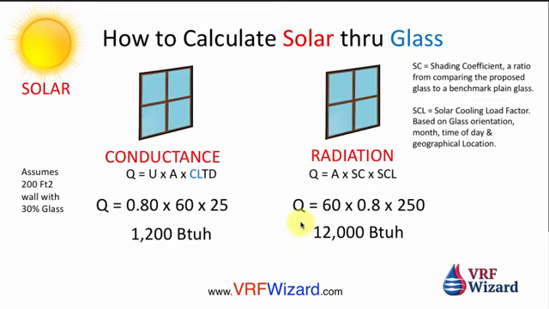So basically, to figure out the BTUs, the area is the same for the conductance calculation and the irradiance calculation because the window area didn't change. So we've got 60 square feet times our shading coefficient, 0.4, and then our solar cooling load factor, which we talked about is based on your orientation, north, south, west, east, the month, like where I'm at, July is pretty bad, July, August, and the time of day, 12 noon, 1 o'clock, 2 o'clock, and your geographical location.